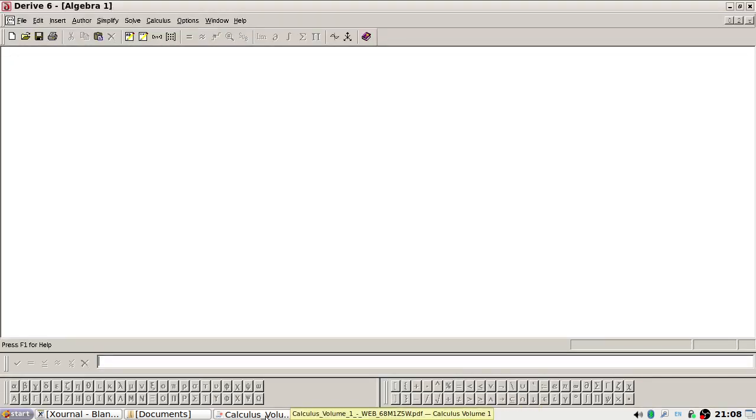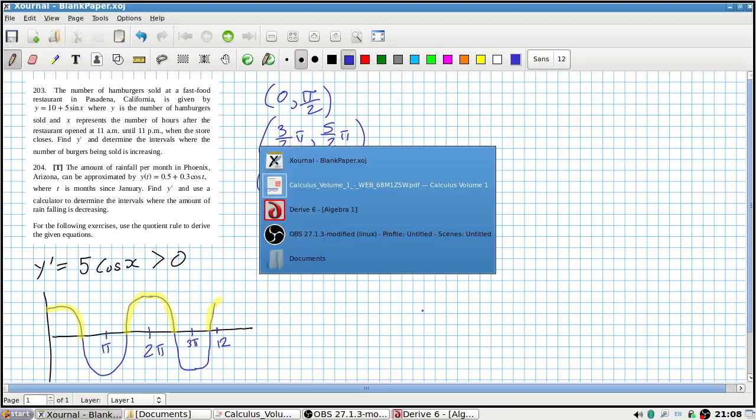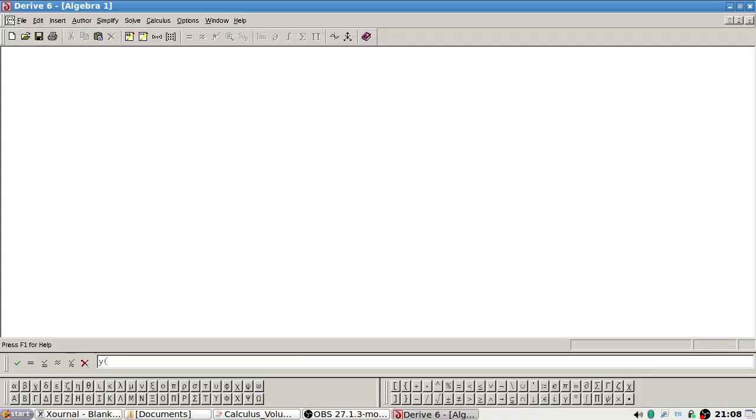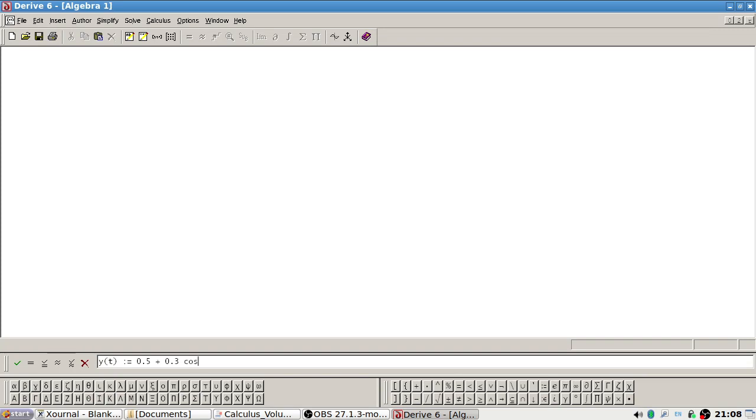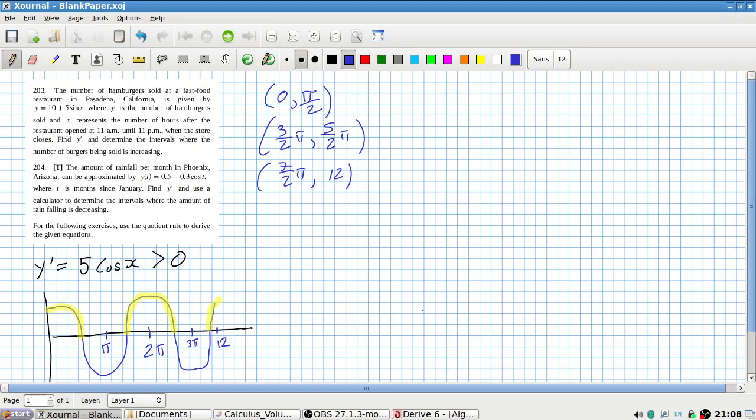Okay. Let's see. Let's type this function in. Y of t is 0.5 plus 0.3 cos t. The amount of rainfall per month in Phoenix, Arizona is given by that, where t is months since January, and y dash.